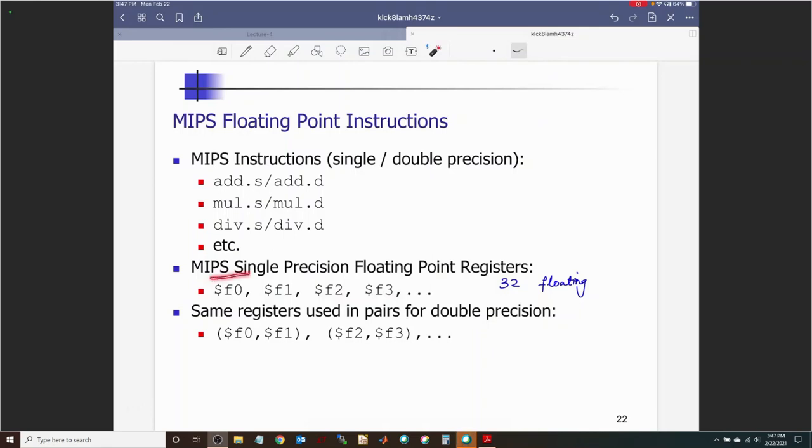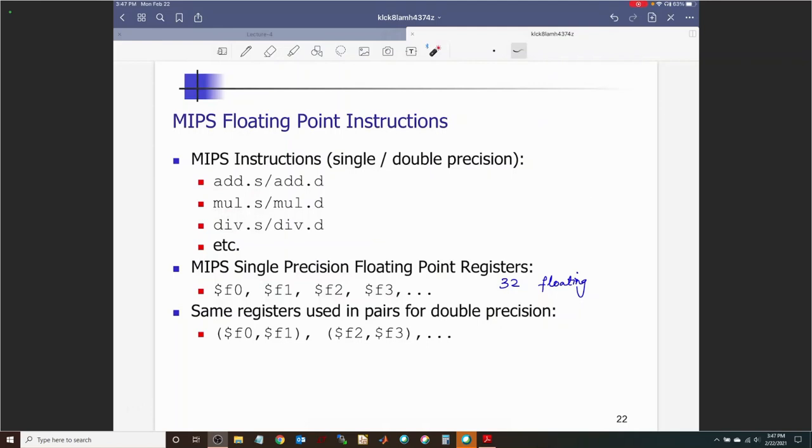Those are all the 32-bit registers that are used for single precision floating point, so those are for single precision arithmetic. The instructions for single precision arithmetic are add.s, multiply.s, divide.s, and so on.